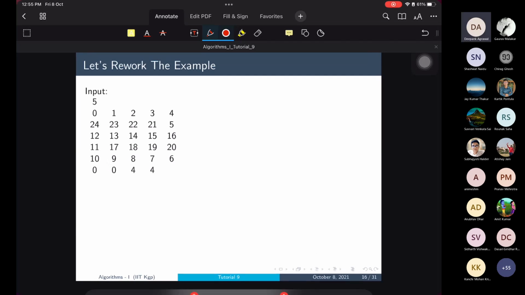So this is S and this is F. Initially the visited set is empty, and initially we know the source is 0, 0, so distance 0 to 0 is 0.